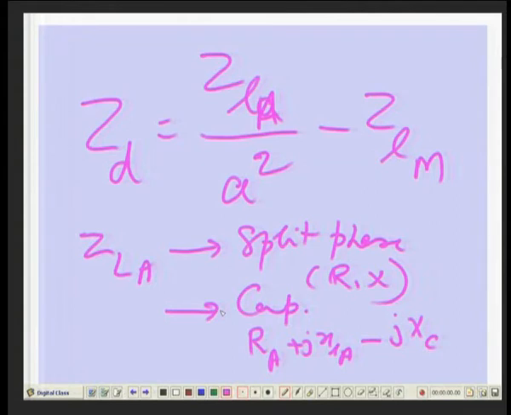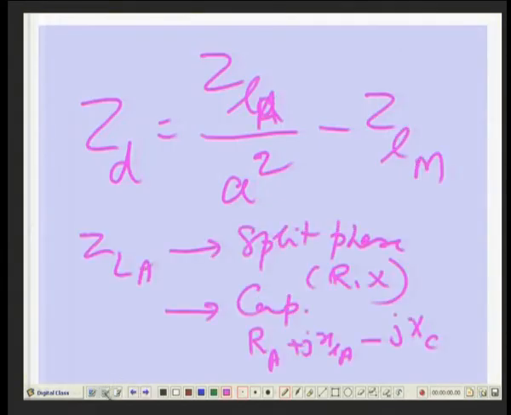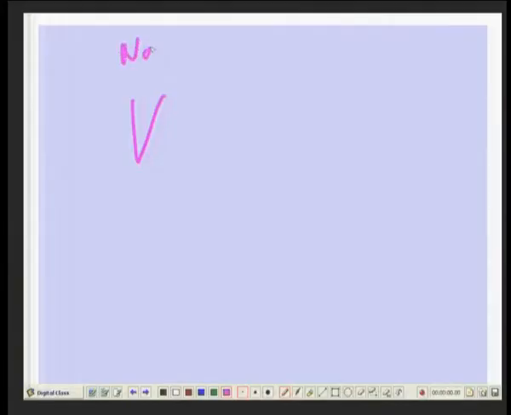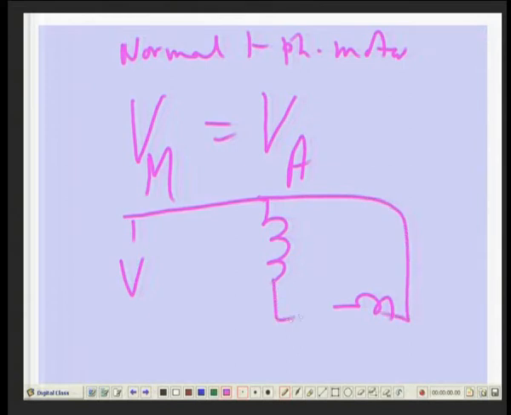You have to include that in the analysis. Another thing to understand is that in a normal single phase motor, the voltage applied to the main winding is the same as the voltage applied to the auxiliary winding. They are connected in parallel to the same voltage source, main and auxiliary.